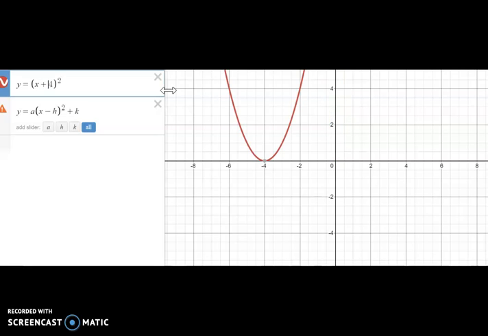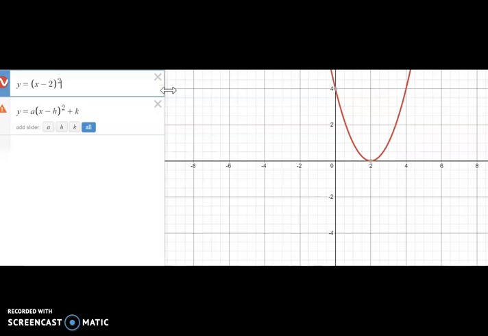I hope you realize it goes to negative 4. So the value of h in here is what shifts my graph left or right. So I'm going to put it back to, let's say, 2. Okay? So inside the parenthesis, the number with the x is what shifts your graph left to right.